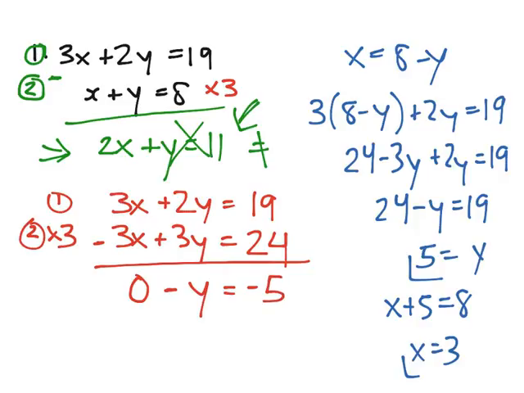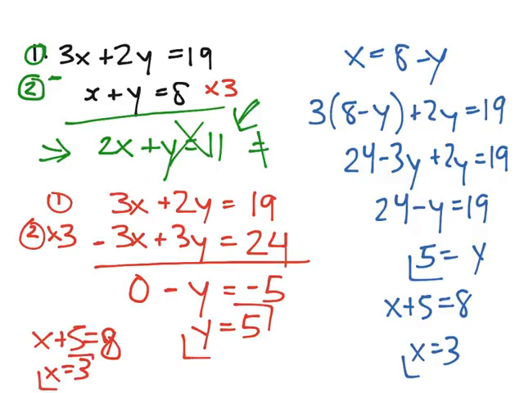So minus y is equal to minus 5. So y is equal to 5. And that's it. You plug in, like we did earlier, x is equal to 3, with much less math.